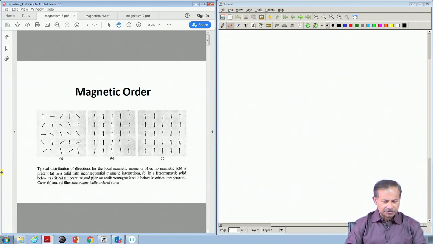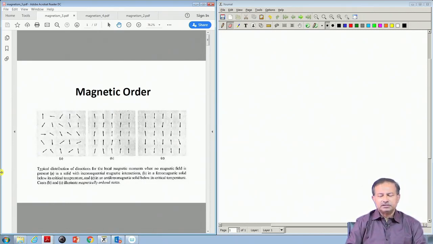There is a vast literature on magnetism, and we are just covering the basic ideas of magnetism. So let me start by reminding you what we have done.